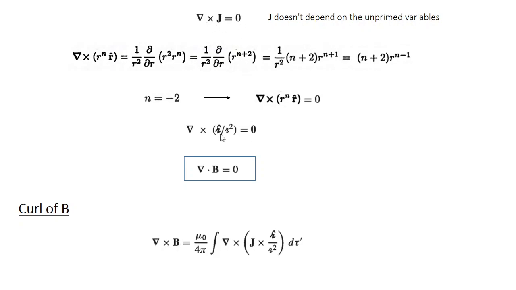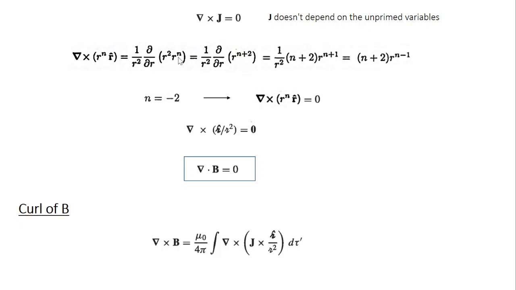What about curl of r cap divided by r square? r cap by r square you can also write as r to the power minus 2 into r cap. So in general, if you take the function r to the power n into r cap, let's find out the curl of this function. So invoking the polar coordinate system, you can write this in terms of the polar coordinates as 1 over r square dou by dou r of r square r to the power n.